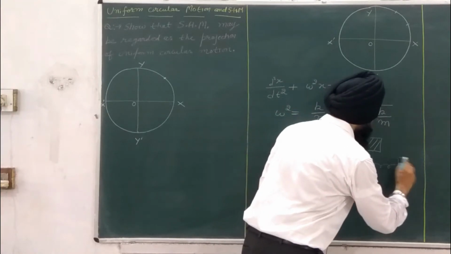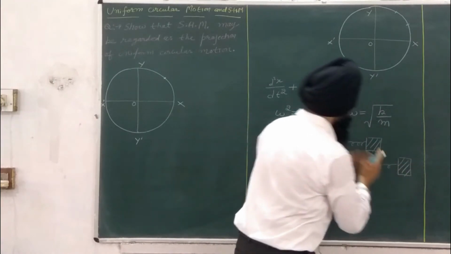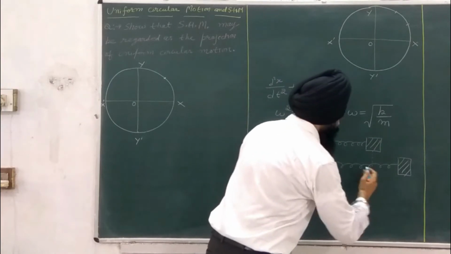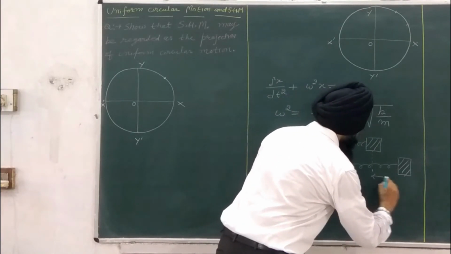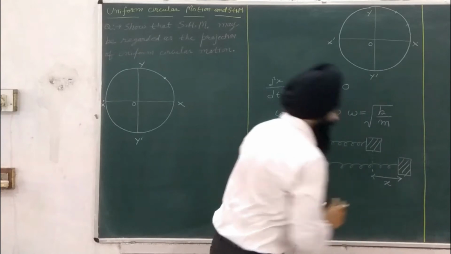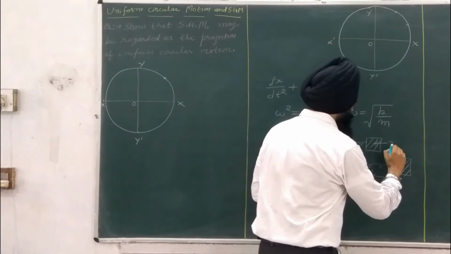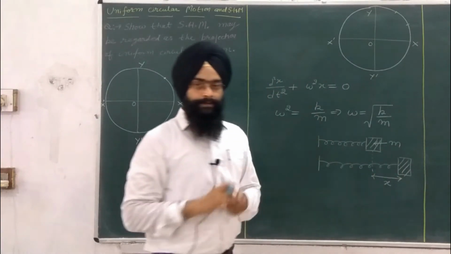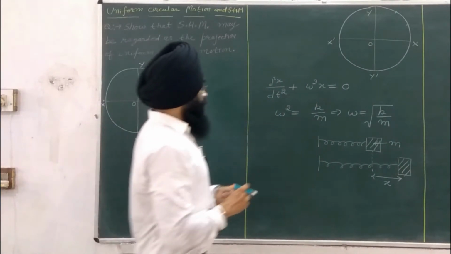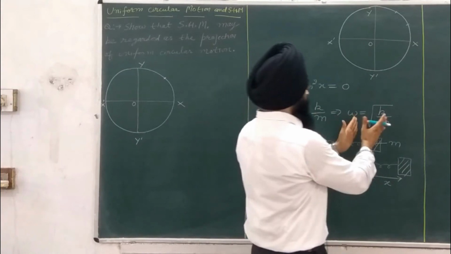If the unstressed spring has position this, then the stressed spring will move a displacement x from this mean position. Here m is the mass attached to the spring. So this was the value for the angular frequency.